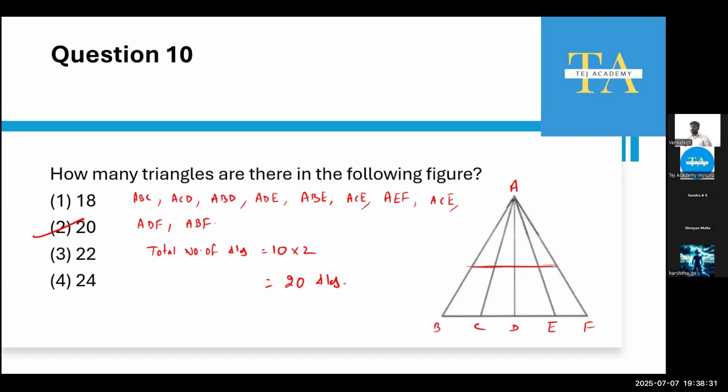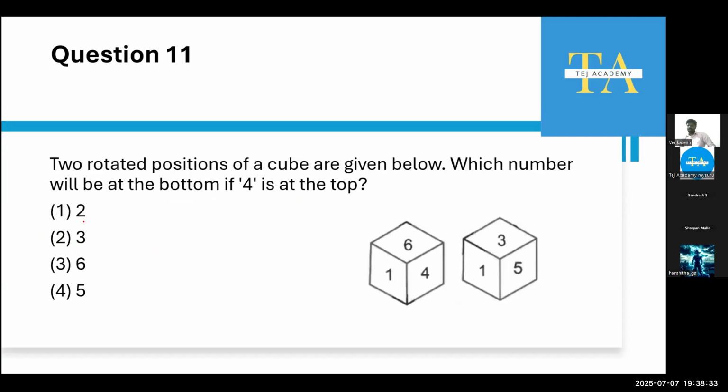So next, question number 11. To rotate the positions of a cube are given below. Which number will come at the bottom if 4 is at the top? Here 1 is the common number for both the dice, so you exclude that part.